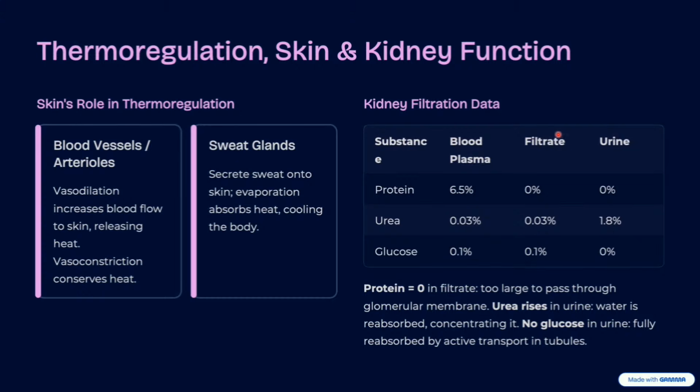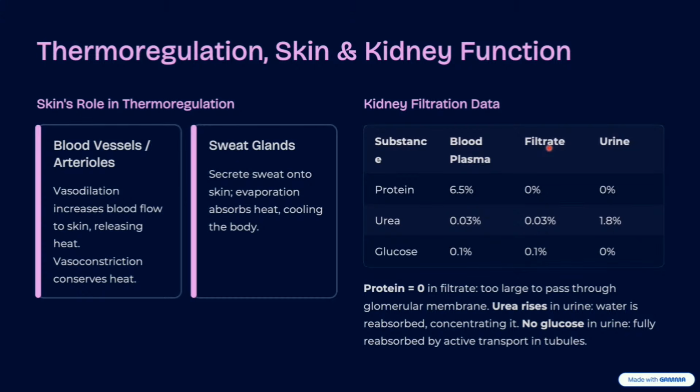Then when you look at the filtrate that is normally formed, in the filtrate, there is 90% water. So you can imagine what is happening. It tells you that more water will pass through the glomerulus. Then we have 0% protein, so there is no protein.